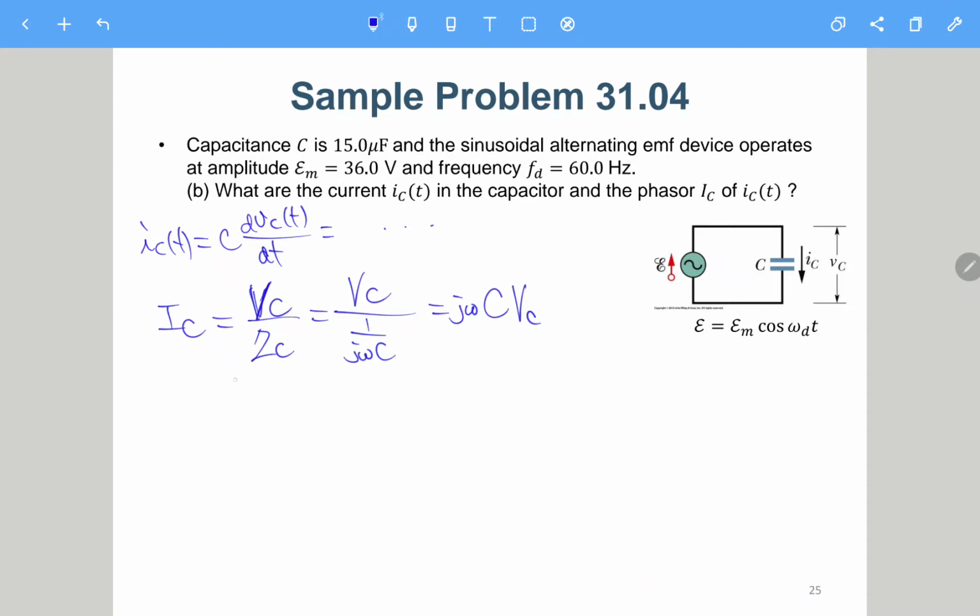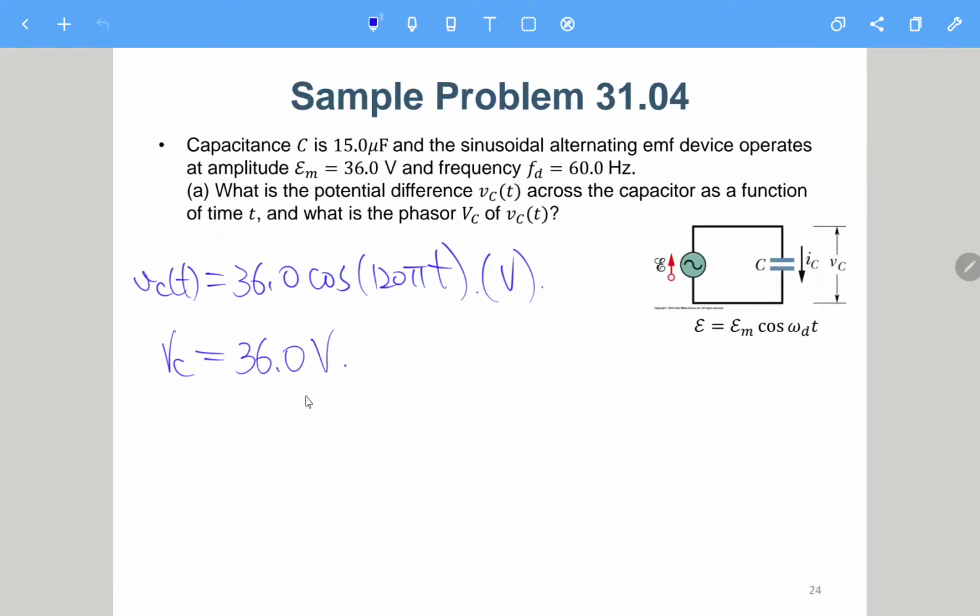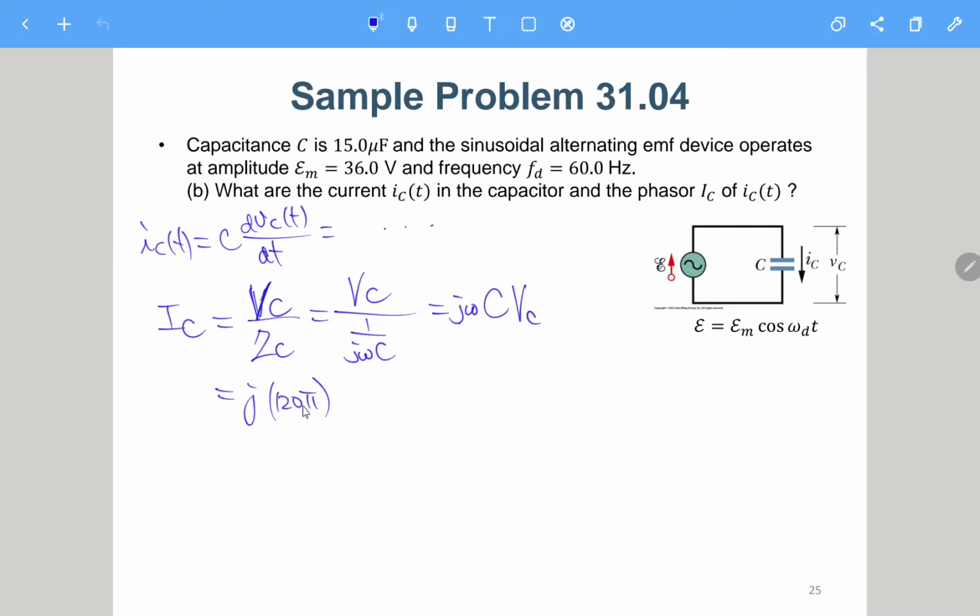Now we can plug in the numbers, where omega is 120 pi. So j omega C times V_C is 15 times 10 to the minus 6 times 36.